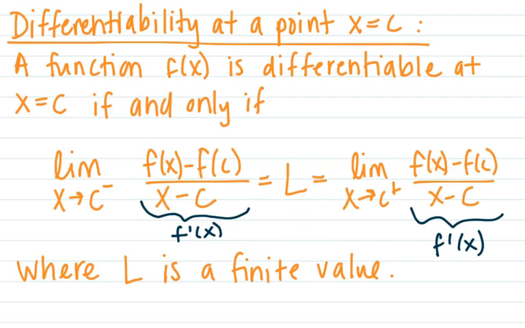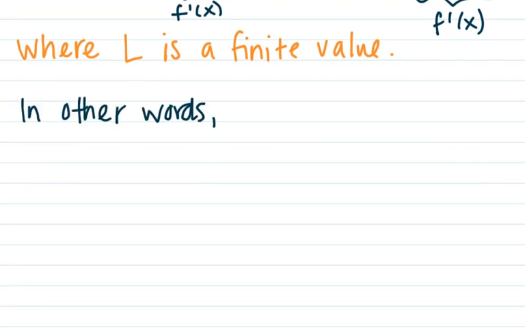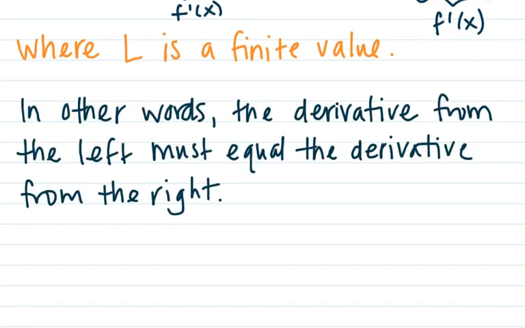Let's put that in layman's terms below here. In other words, the derivative, thinking slope, the slope of the tangent line, from the left of an x value must equal the derivative from the right of that same value.